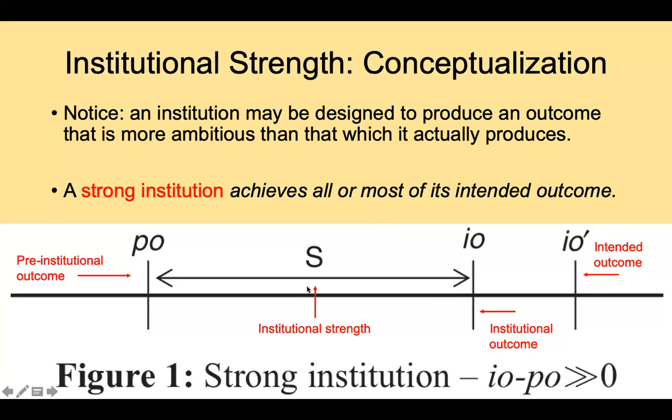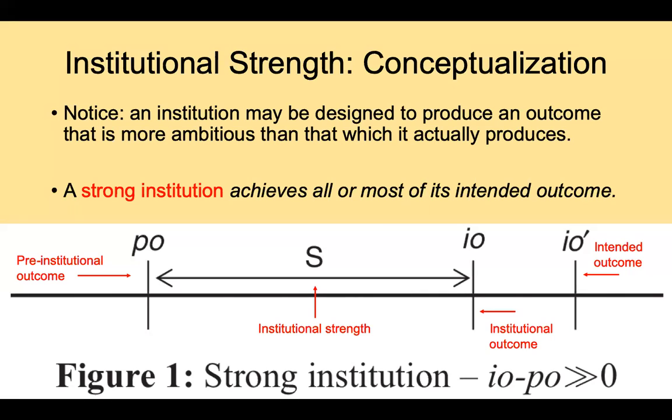And so we then can figure out the strength of the institution, or what we would call institutional strength, by simply determining the gap between the pre-institutional outcome and the actual institutional outcome as a proportion of the intended outcome or the intended behavioral change or the intended change in expectations.